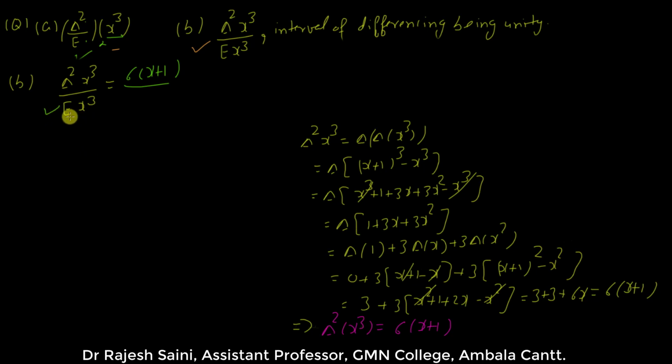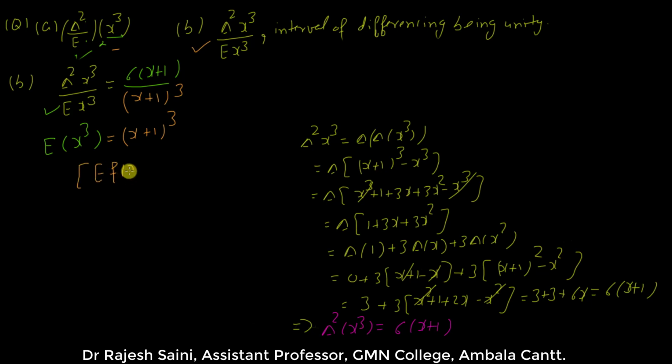Now next we are required to find E x cube, the shift operator upon the x cube operand. So let me try to do it. E x cube, fine. What will it be? It will be x plus 1 cube, fine. So I'm going to substitute this value over here, because you know that you can write it over here.